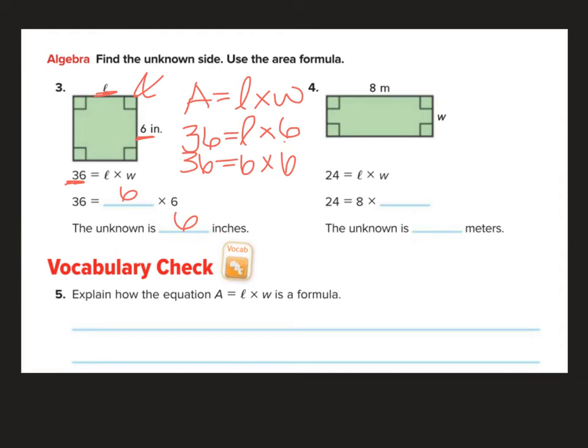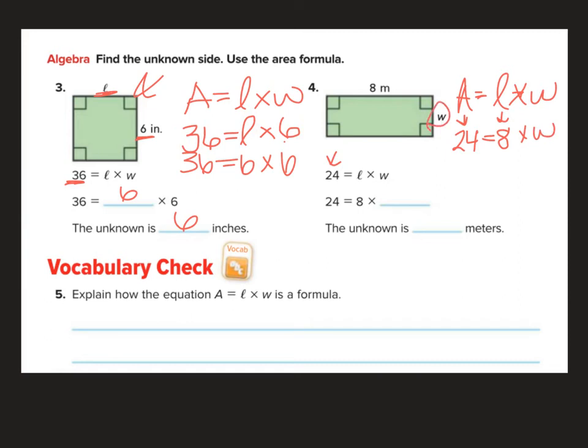So let's look here. Here I know area equals length times width. I know my area is 24 because I'm looking right here. I know my length is 8. And I don't know what my width is because I have W there.